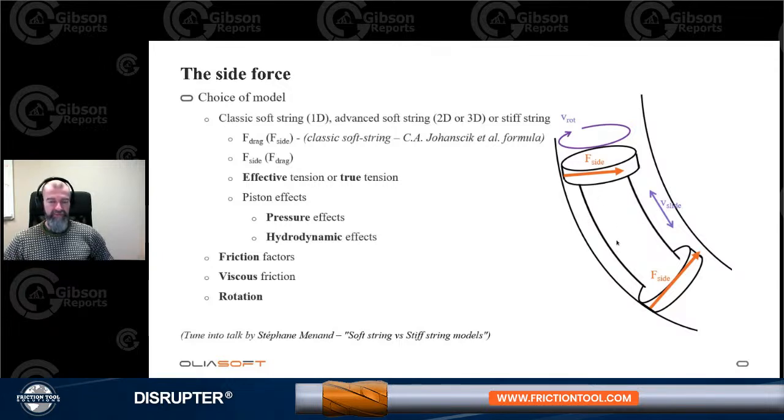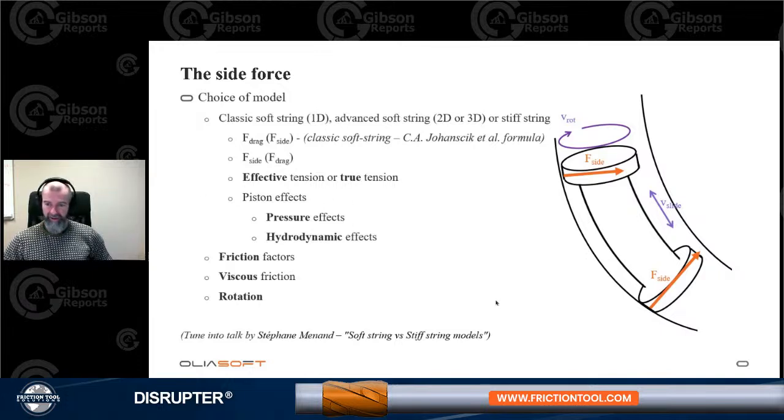So basically, if there is a piston force at the bottom of the pipe, and there is a continuous wall of steel going much higher up into the well, the pressure at the low side will obviously be lower than the pressure at the high side, from the mud, basically. So that would actually give you a different type of localized tension, but of course the sum of it all would be the same. So you should, in most cases, end up with the same sort of hook load if you choose effective or true tension.